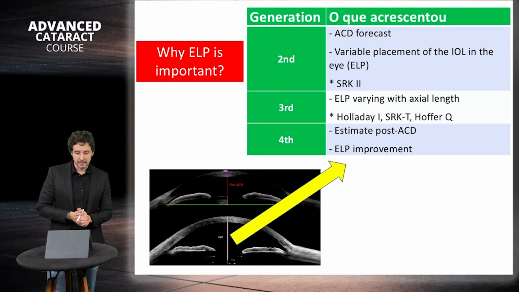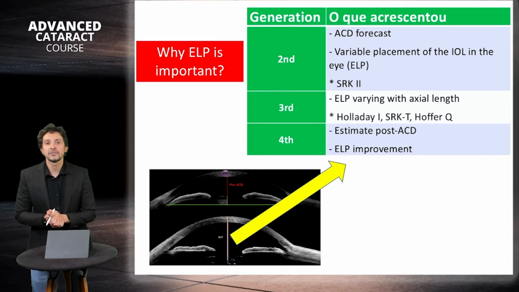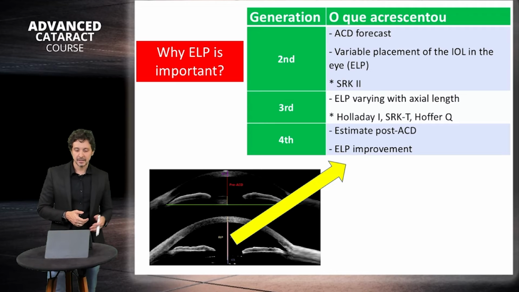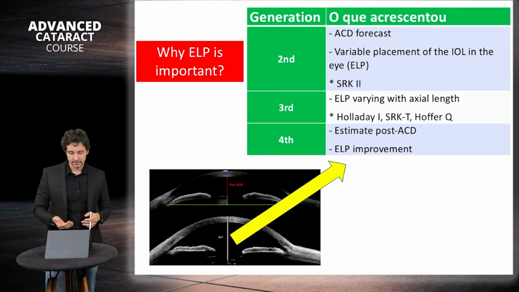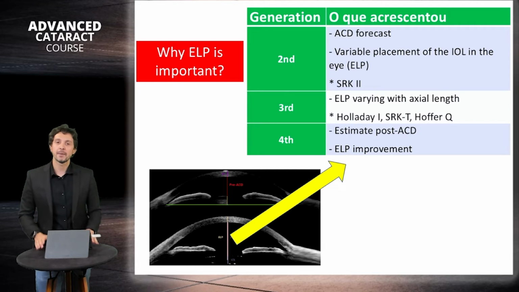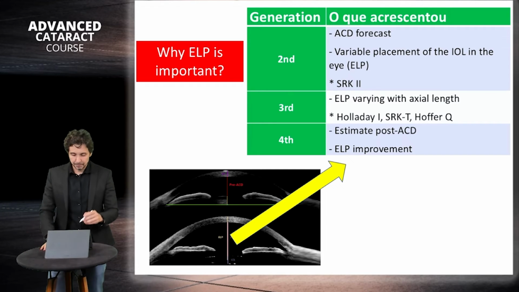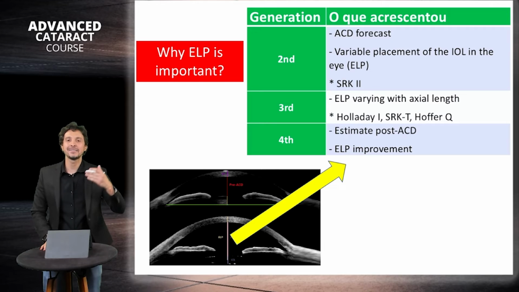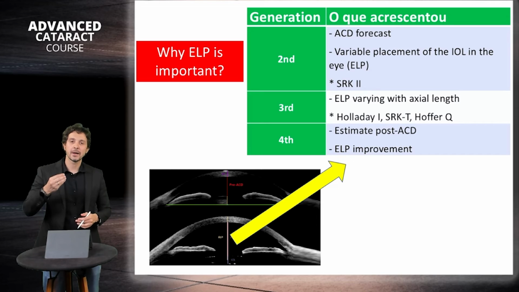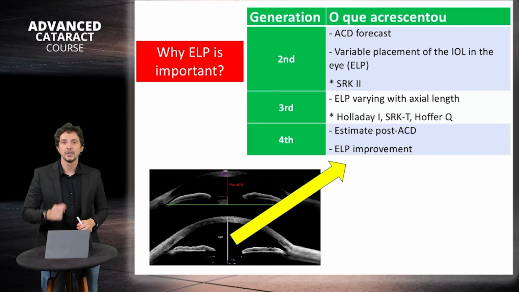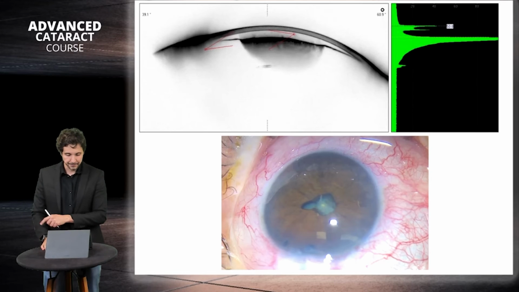Third generation, ELP varying with axial length: Holladay, SRK/T, Hoffer Q. And the fourth generation, ELP improvement. So the position where the IOL stays after the cataract surgery is an important point for IOL calculation, for the generation of the formula that you use to calculate your IOL.